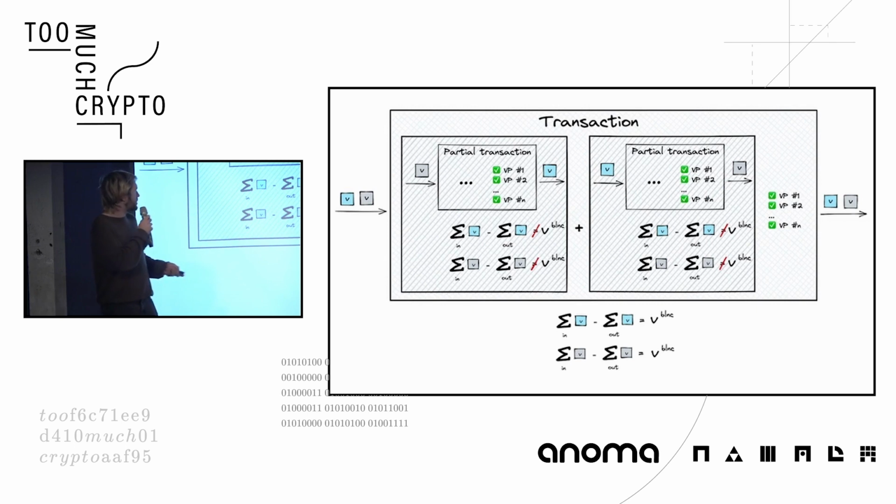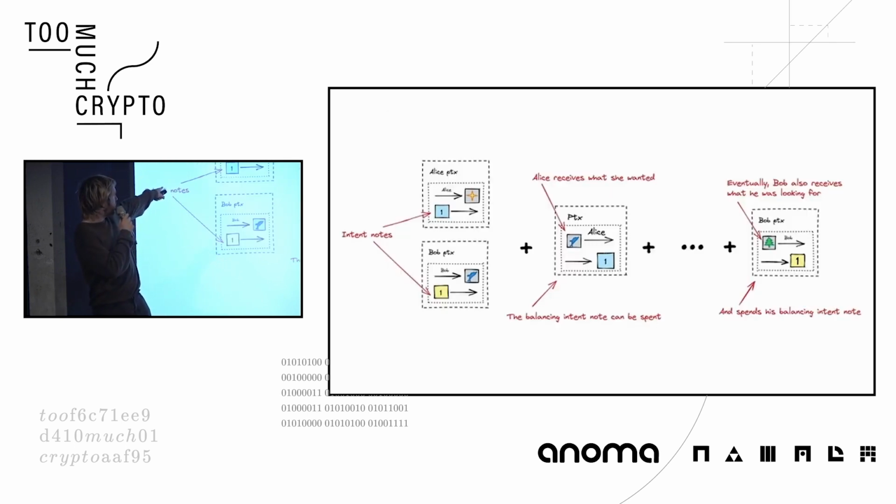So when Alice makes her constraint, a blue square with 1, she creates a special denomination, like it ends up being a unique value base, that can only be balanced out in the final balance check if someone creates another proof that satisfies her constraint and kind of cancels that one with a -1, which is this balancing intent note.